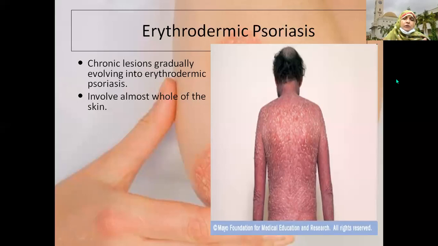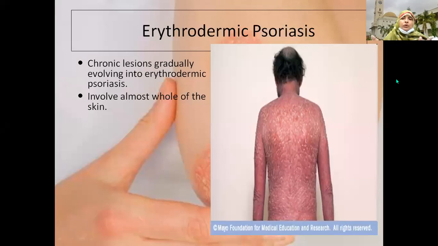When there are plaques, it's all right. The patient is getting treatment, and sometimes even with topical treatment is fine. Due to any metabolic derangement, or even with certain drugs, environmental factors, stress, trauma, and especially after taking steroids and sudden withdrawal of steroids, these patients can go into erythroderma.